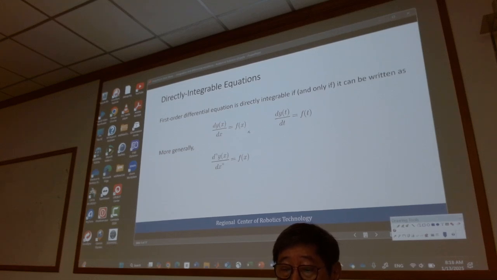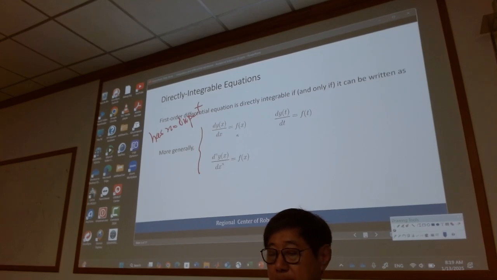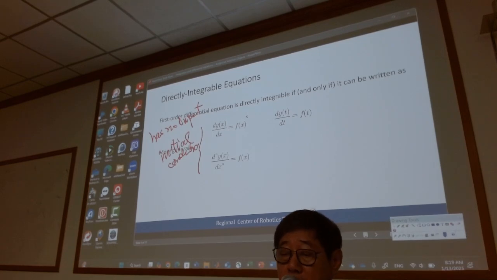Look at this one. Most of these have no input, only initial conditions. If you want to solve this one, you need some initial condition because there's no input anyway.